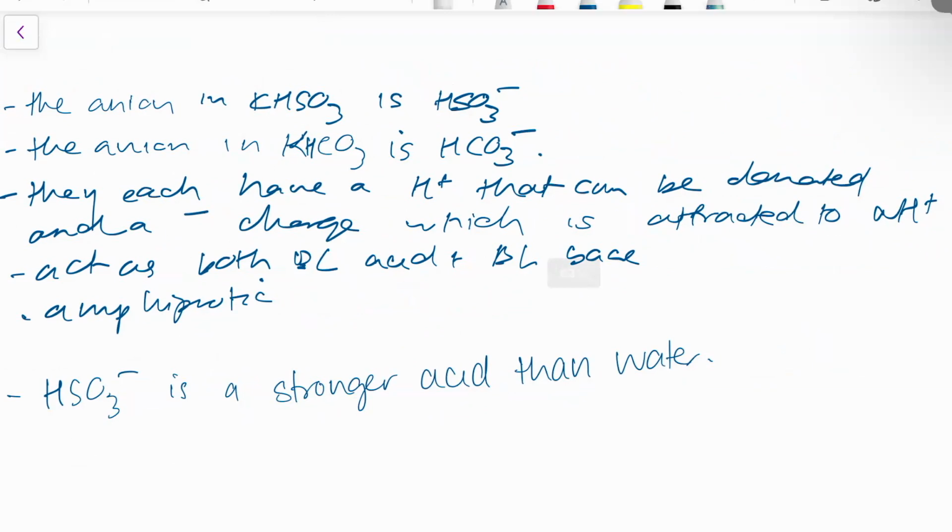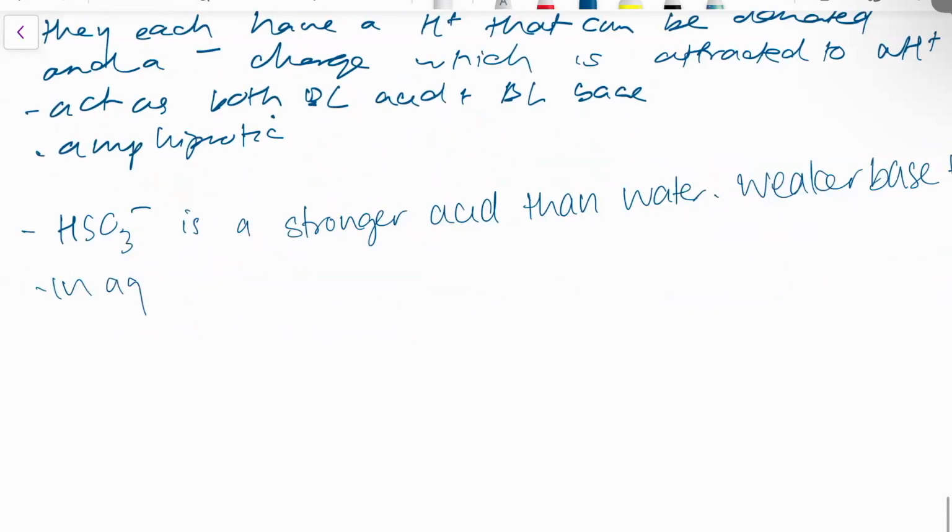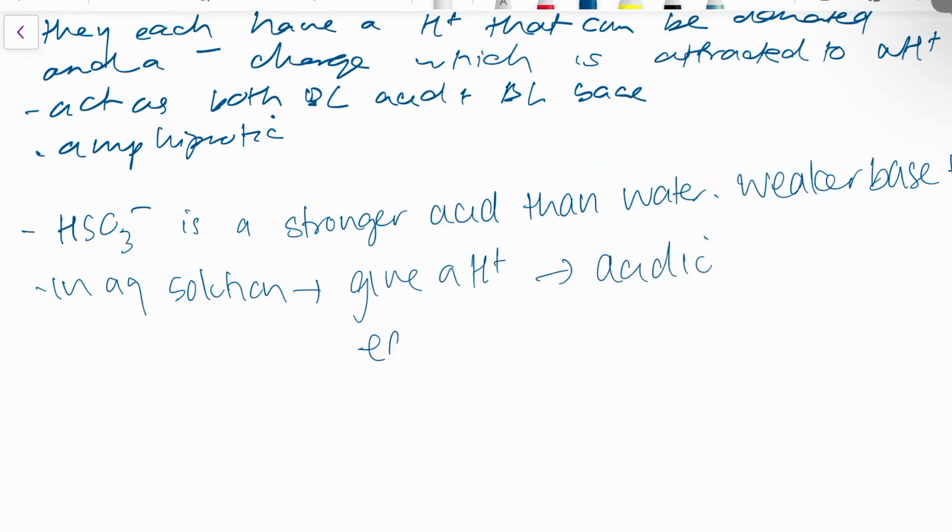So in aqueous solution, it would rather give a proton and therefore produce an acidic solution, and then you can write the equation here.